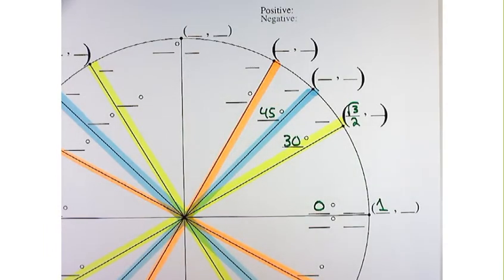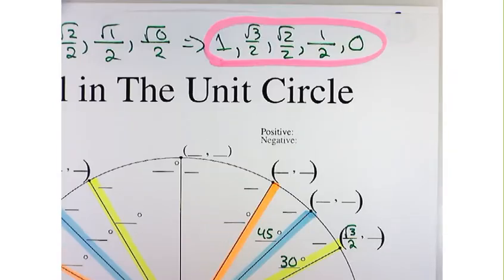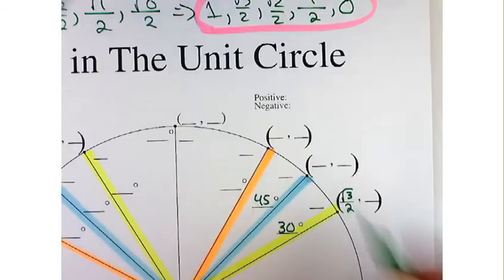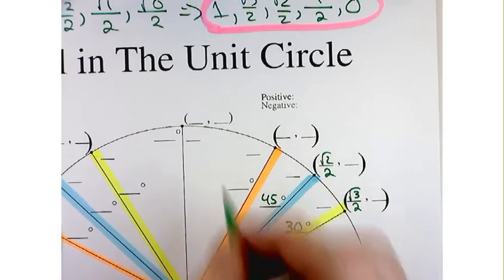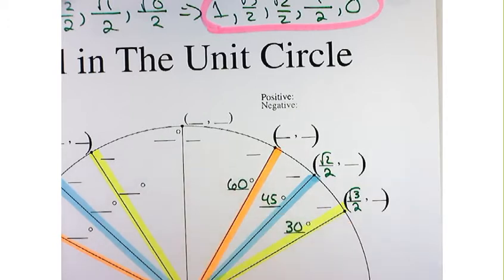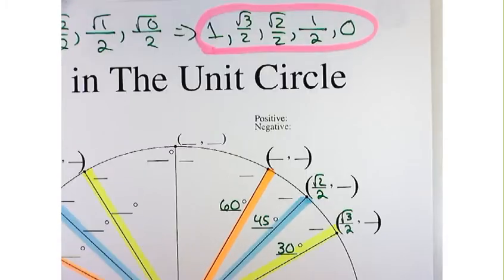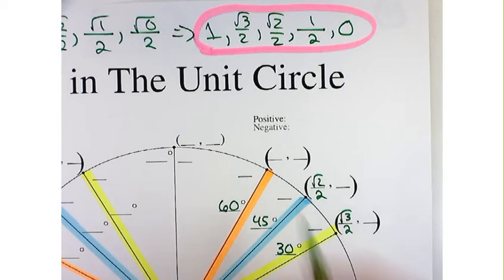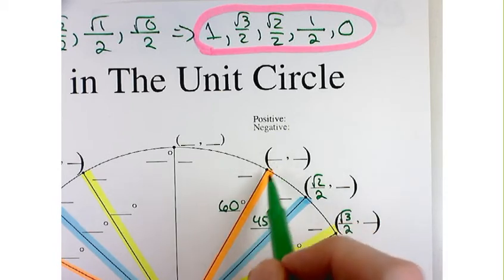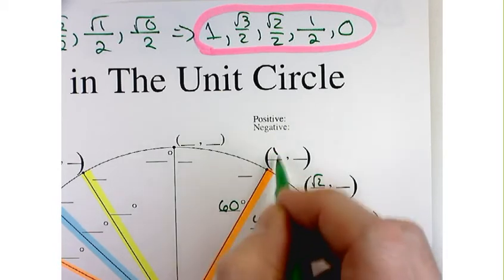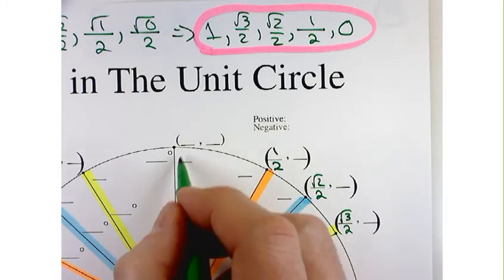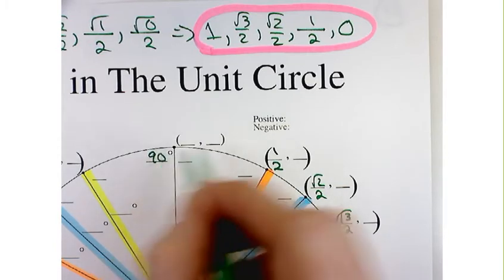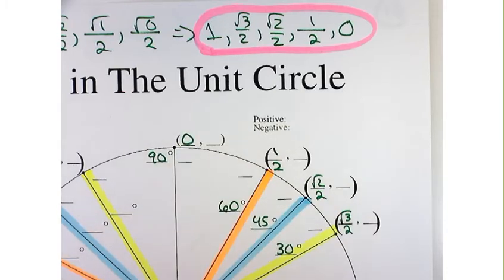Any guess as to what the x-coordinate there is going to be? Square root of 2 over 2. Thank you, sir. And then the next one after that is 60 degrees. What coordinate should I put in here for the x-coordinate at 60 degrees? 1/2. Thank you. And finally, up here at 90 degrees, you got an x-coordinate of 0.